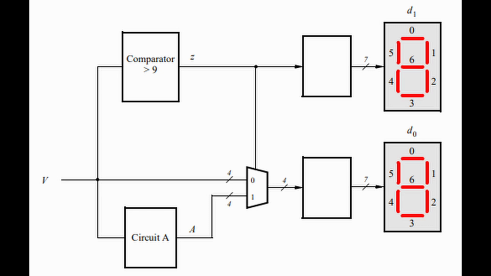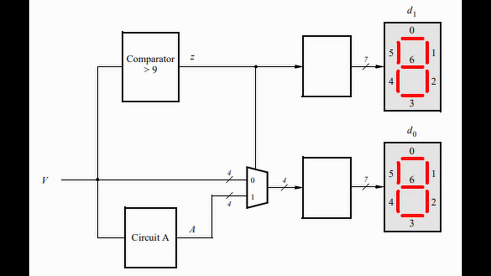And depending on that, we will choose which input we are going to take, the main switches or the input that's coming from circuit A. Well, circuit A is going to do that job. It will take the number and add 6 to it.